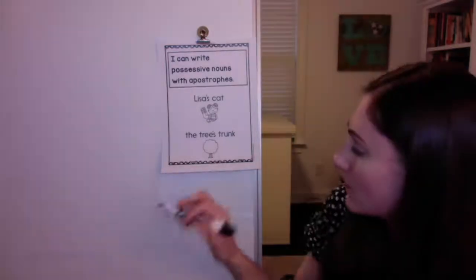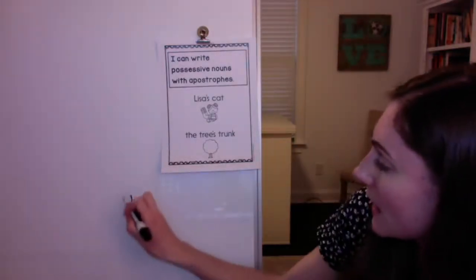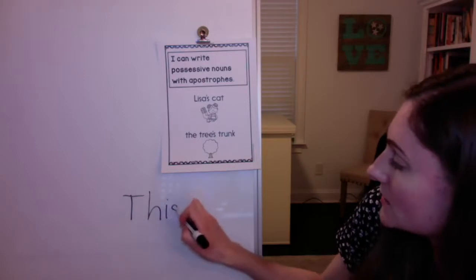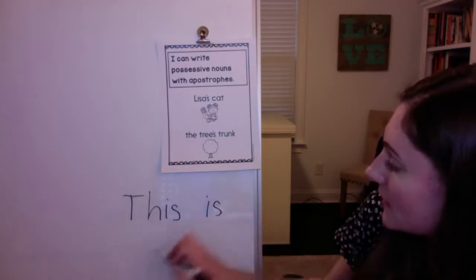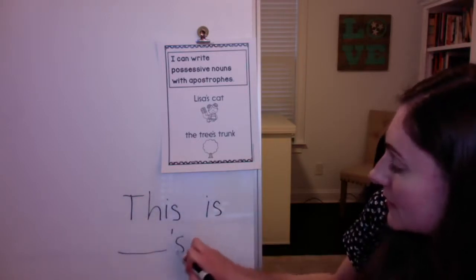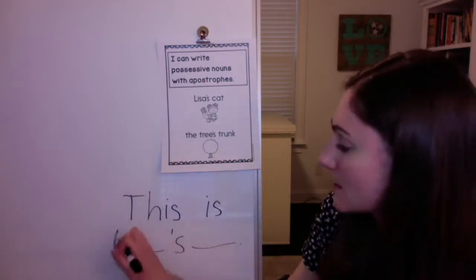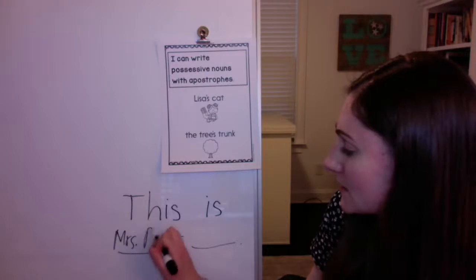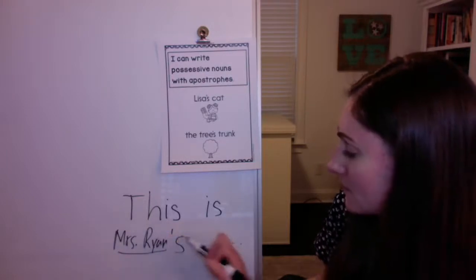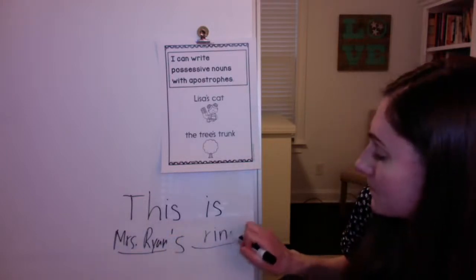So I will give them a sentence frame and it goes like this. This is blank's blank, usually is what I do. So like, this is Mrs. Ryan's ring, whatever it is, right?